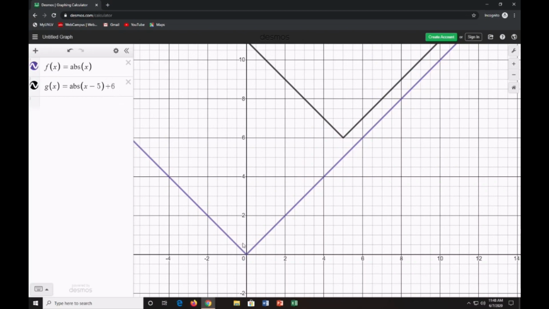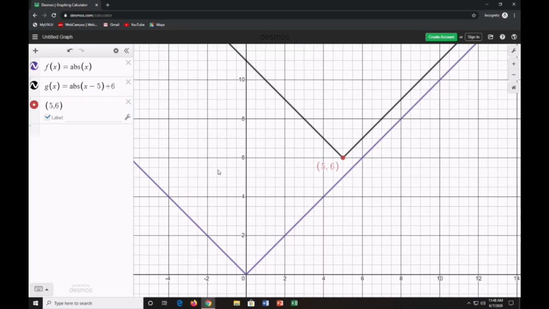So we have movement 5 units to the right, as we predicted, like that. That point has been moved halfway between 4 and 6, which is 5. And then 6 units up, right? So let's snap a point to that vertex. That would be 5, 6, right? That red dot that you see, and let's label it 5, 6. Okay, like that.